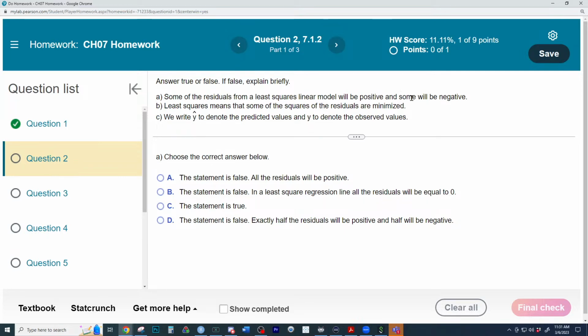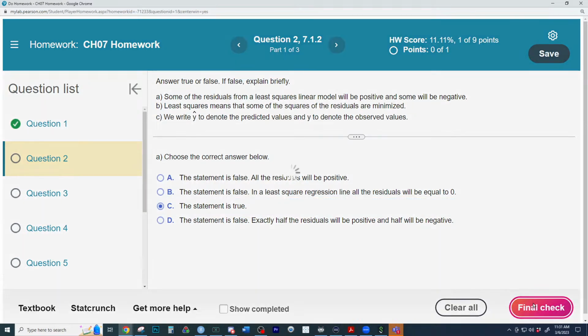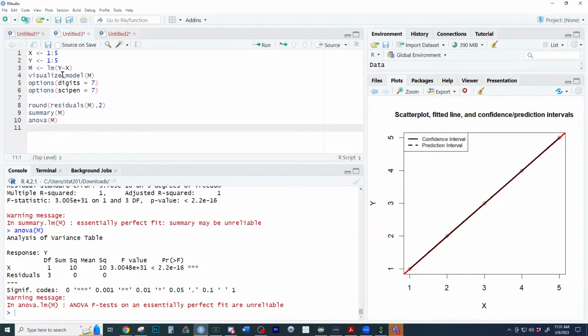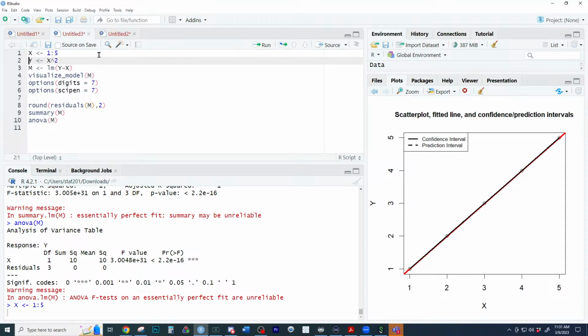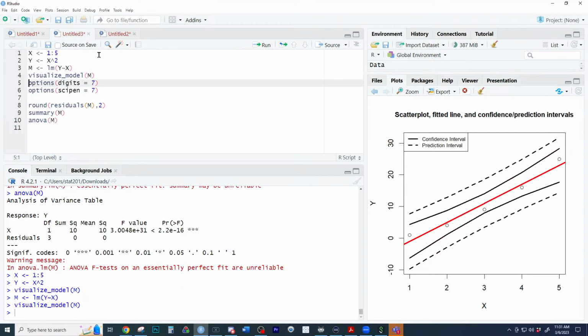Some of the residuals from a regression will be positive, some will be negative. Yeah, that's generally true. It's just a weird instance. It's not exactly half the residuals will be positive and half will be negative. No, some will be positive, some will be negative. And if we look at a kind of crazier model, let's do X raised to the, there we go, let's try that. And do we not, oh, I didn't make the model.